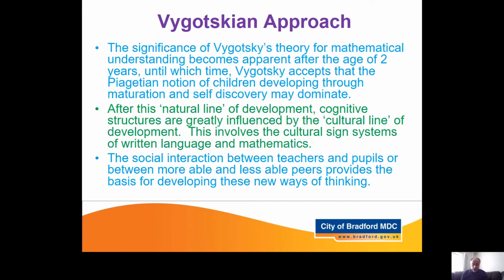Initially, Vygotsky would accept that the maturational approach described by Piaget would be prevalent for the first 2 years of life, but after that natural line of development, after 2 years of age, language shoots in terms of ability in human beings, and the cultural line becomes more important, and social interaction between teachers, pupils, and between more able peers and less able peers provides the basis for developing new ways of thinking and promoting development.